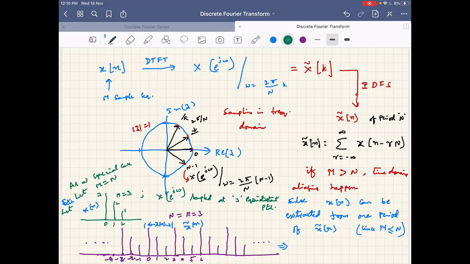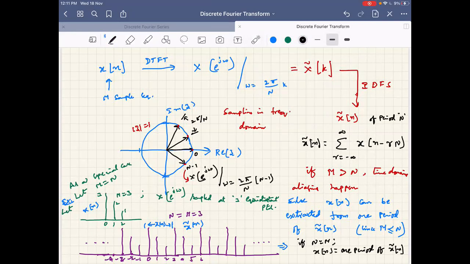It implies that we can extract x of n from x tilde of n: x of n is equal to one period of x tilde of n. Fine, very good. Is there any other observation we can make?